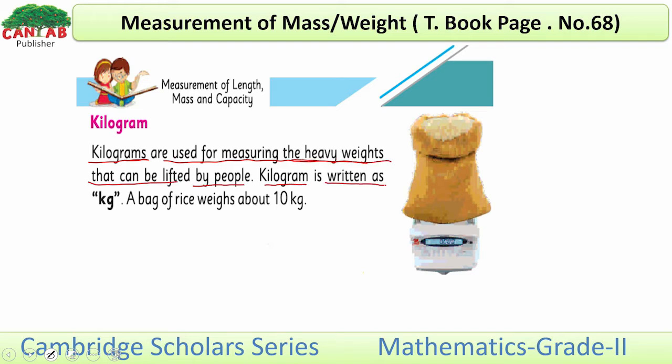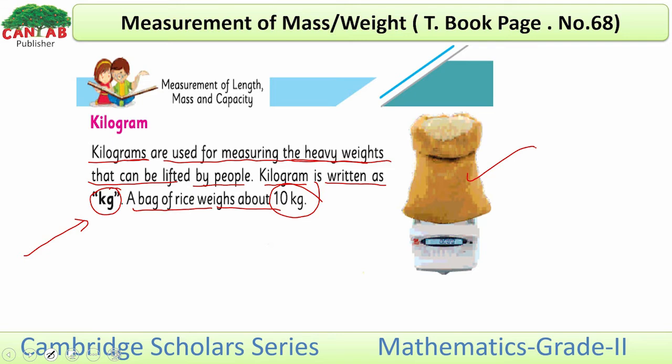Kilogram is written as kg. This is the abbreviation of kilogram. A bag of rice weighs about 10 kg. We measure our weight, rice, wheat and so on in kilograms, heavy weight objects. If you want to weigh yourself, then you have to measure your weight in kilograms.